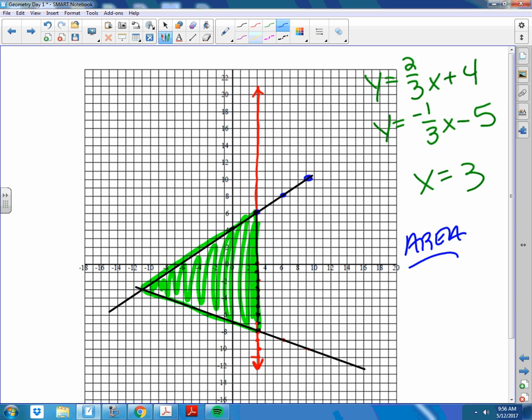Base times height. Now, which one's which? The base is the vertical line. Okay, so Madison says she wants to use the base as the vertical line. And then what is the height? We can just count the squares. What do we know about the base and the height of any shape?